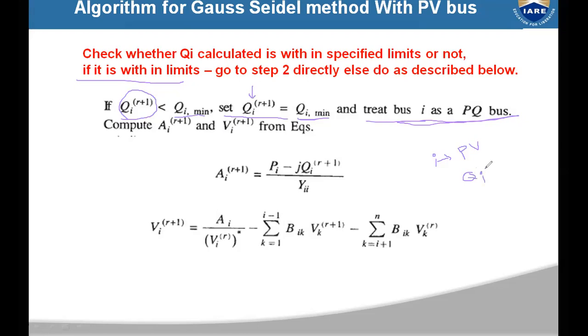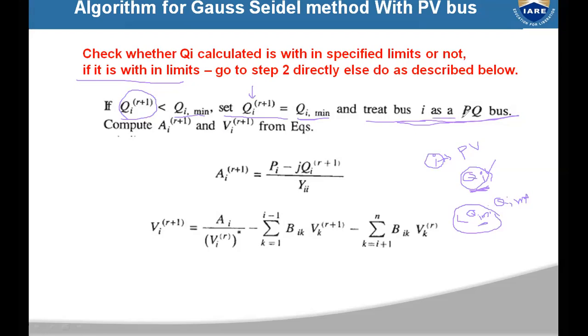Now if this Qi is not within the limits, where Qi minimum value is given and, in a similar way, Qi maximum is given, and the calculated Qi at the ith bus is less than Qi minimum, then you have to set this Qi value to the minimum value.